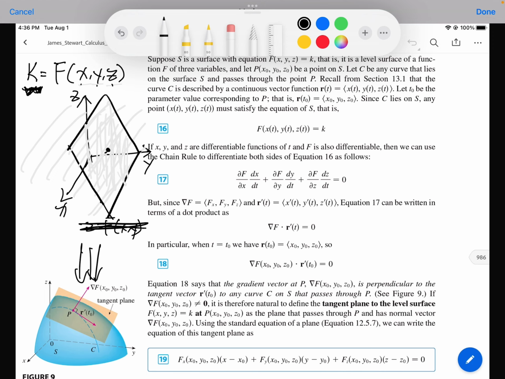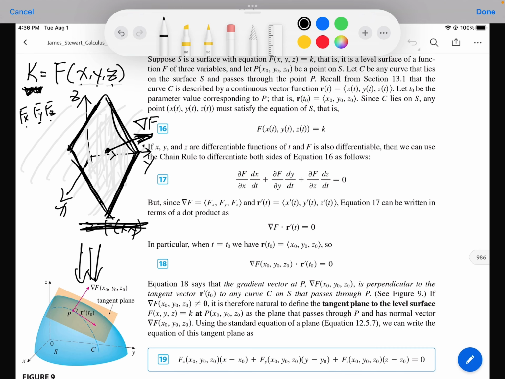And then the gradient vector. Obviously you're going to have f_x, f_y, f_z. That's three components to a vector. So obviously that is a vector in 3D space, right? So in this case, the gradient vector is a vector in 3D space that is perpendicular to this plane.